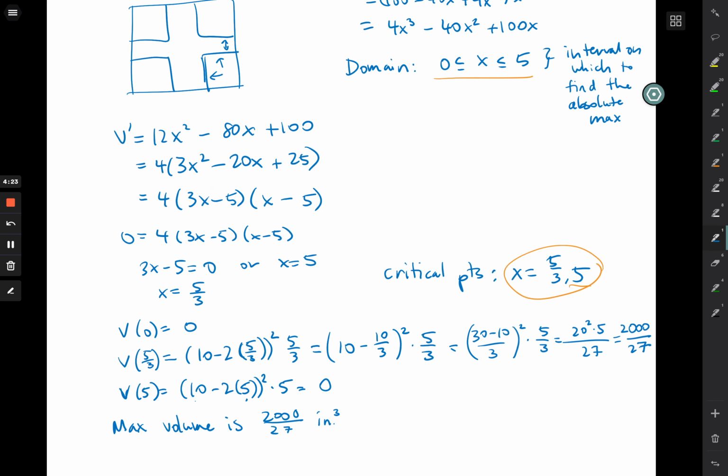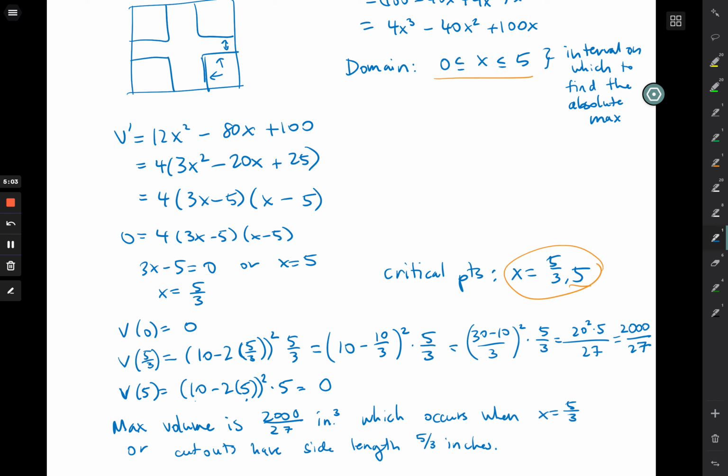So max volume is this, which occurs when x is equal to 5/3, or the cutouts have side length 5/3 inches.